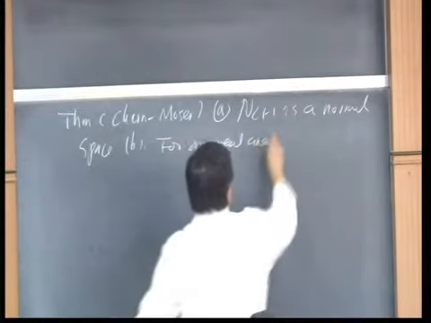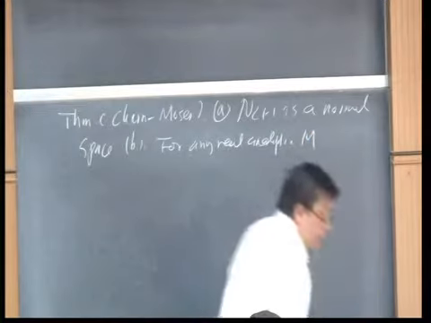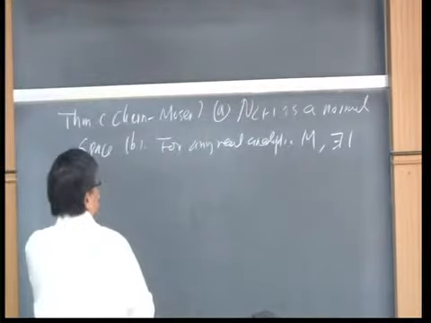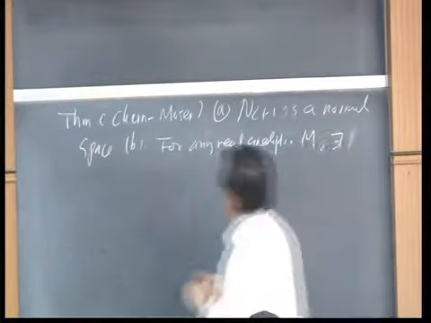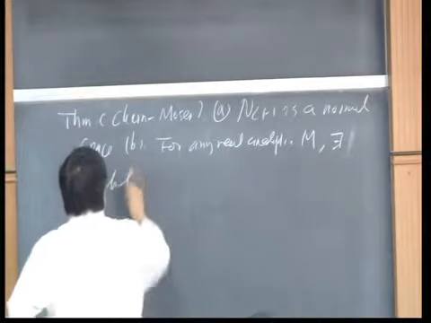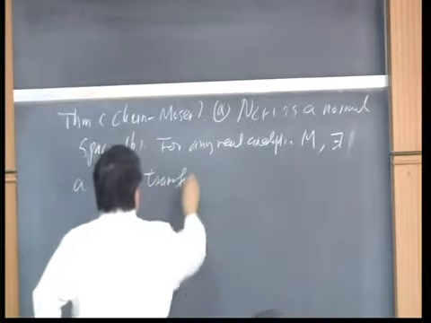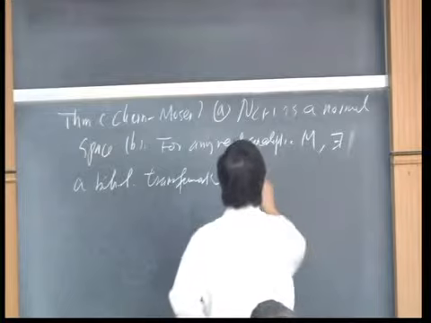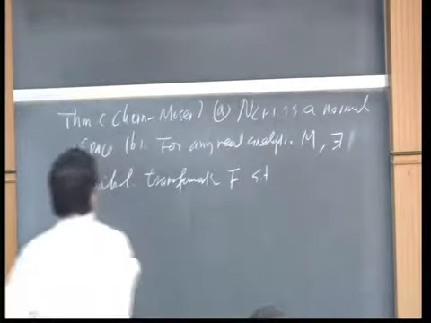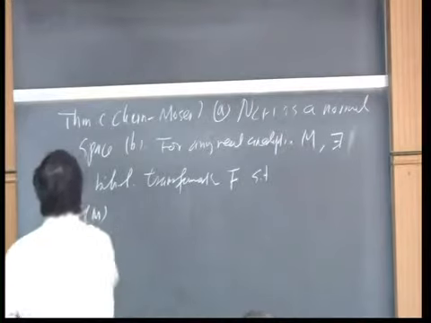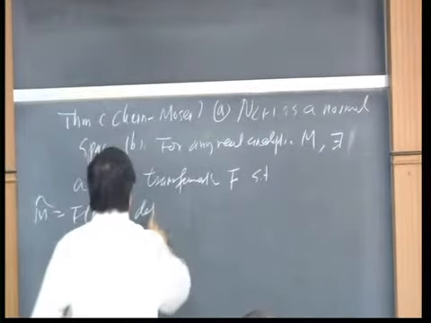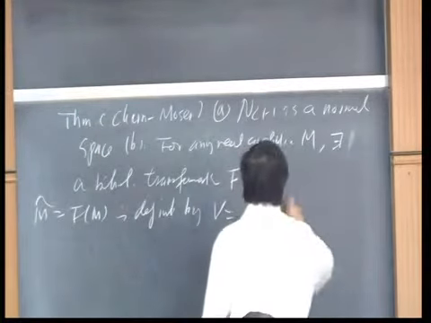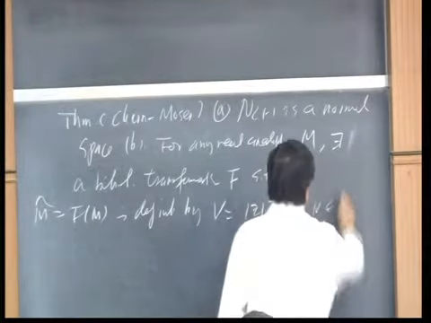For any real analytic M, there exists, not unique, but there exists a biholomorphic transformation F such that the image of M is defined by the equation v equal to norm z squared plus N, and this N is in N_CM.